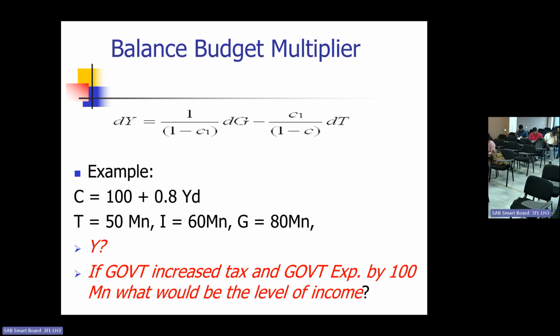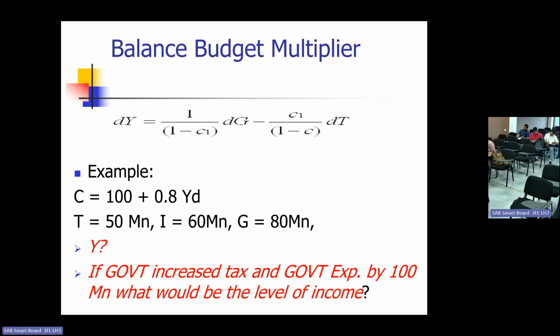Our model is Y equals C plus I plus G, so we just substitute the consumption function, 100 plus 0.8 YD.